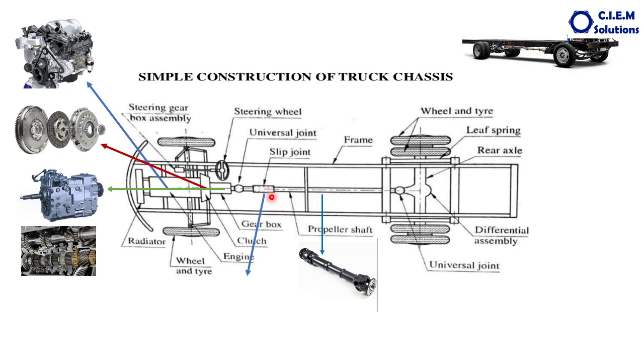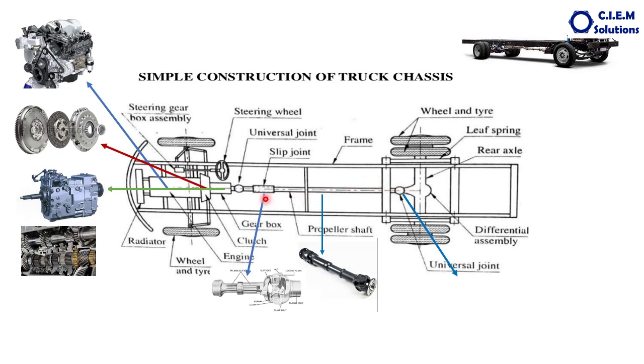Why it is made into two pieces? Because there is a slip joint arranged between the two pieces. The purpose of this propeller shaft is to transfer the mechanical drive from the gearbox output to the differential input.